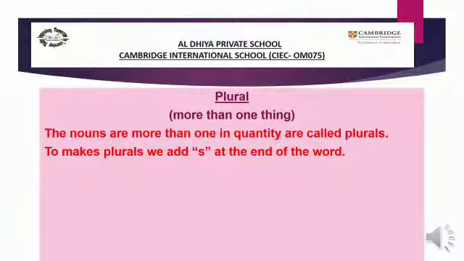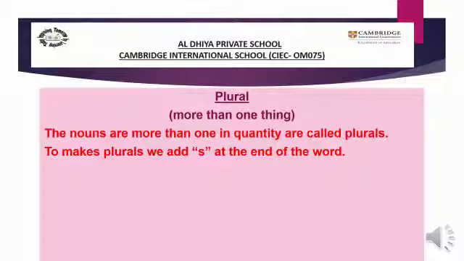Again, repeat: the nouns that are more than one in quantity are called plurals. Same thing I say: if there are two persons, or five pencils, because they are more than one in quantity, therefore they are called plurals.